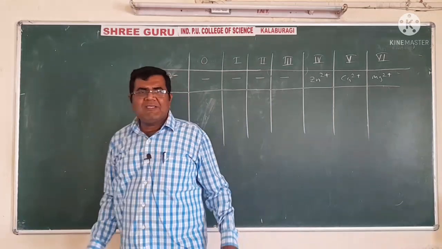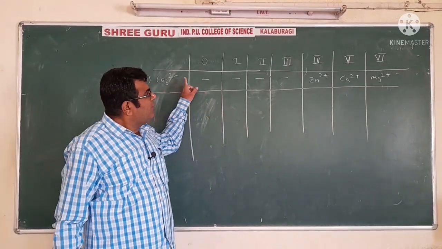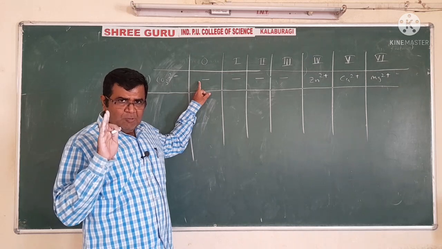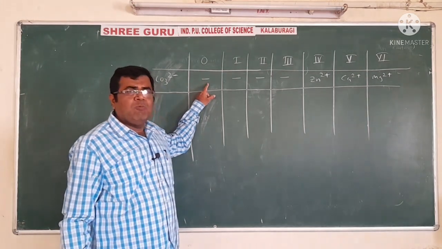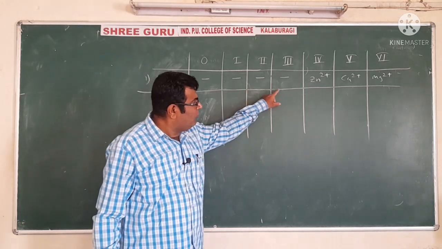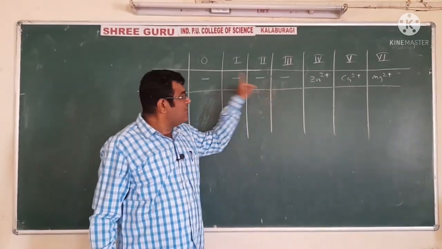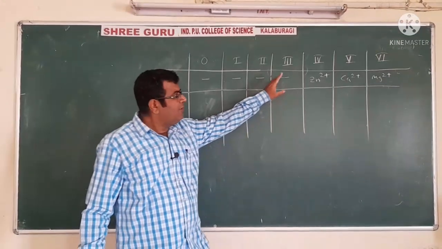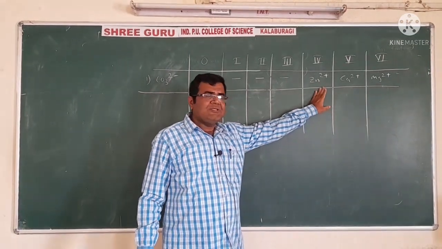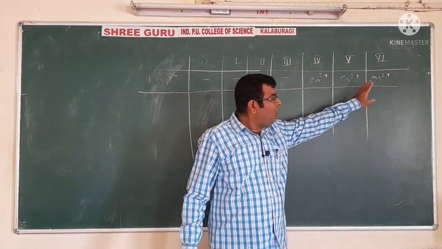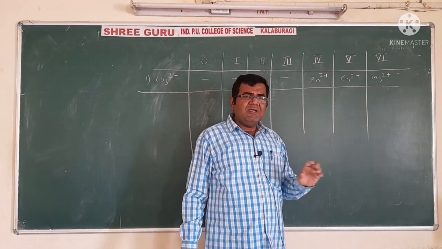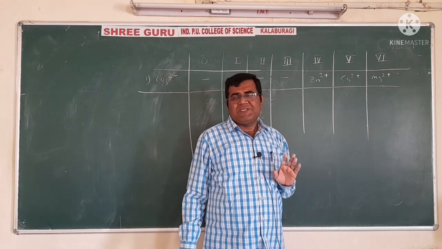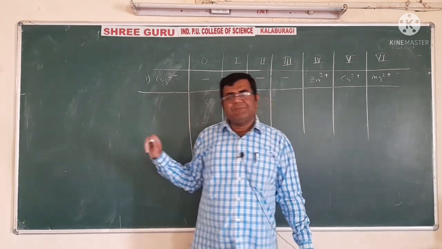So once you have the acidic radical carbonate, you have to apply this logic, common sense, that groups 0, 1, 2, 3 are not present. It can be either zinc carbonate or calcium carbonate or magnesium carbonate. Yes, 3 possibilities are there. Out of these 3, one basic radical is present along with the carbonate.